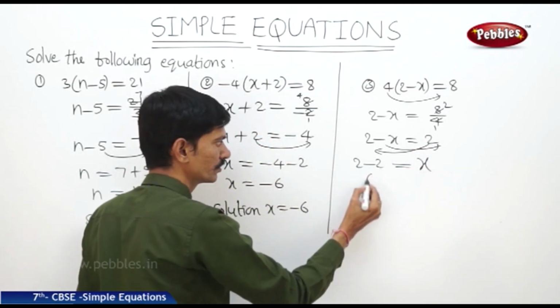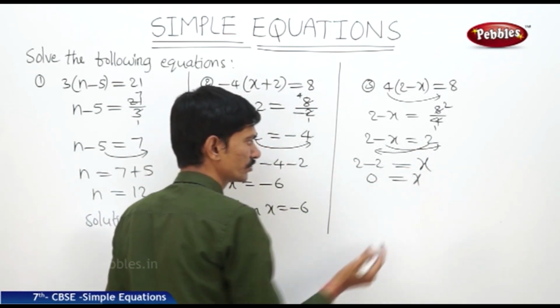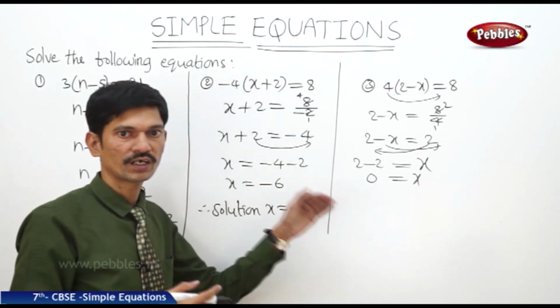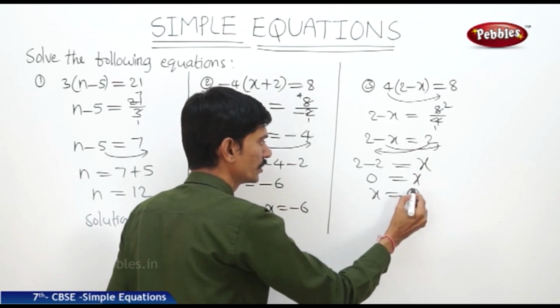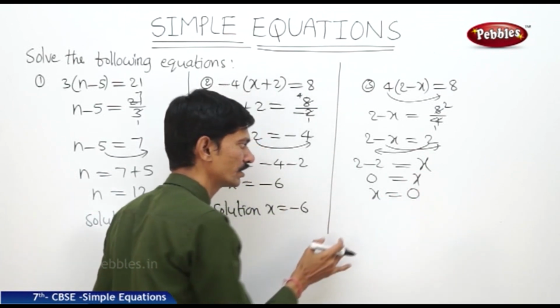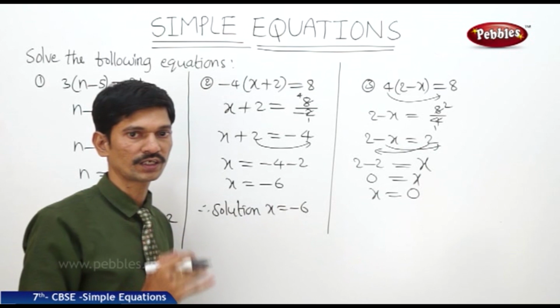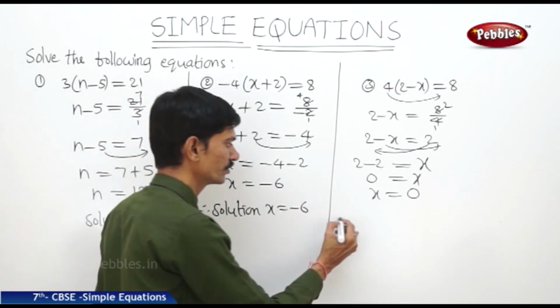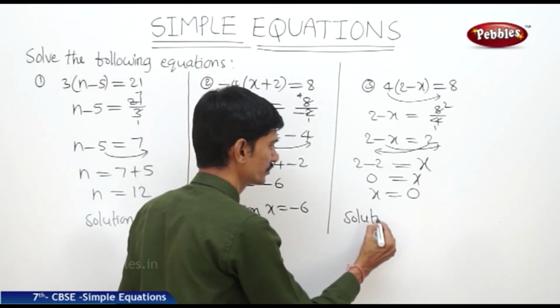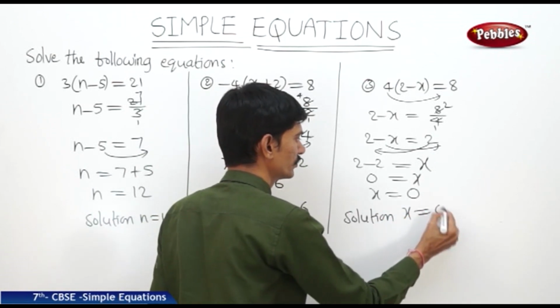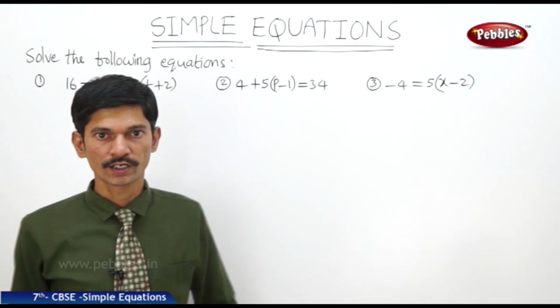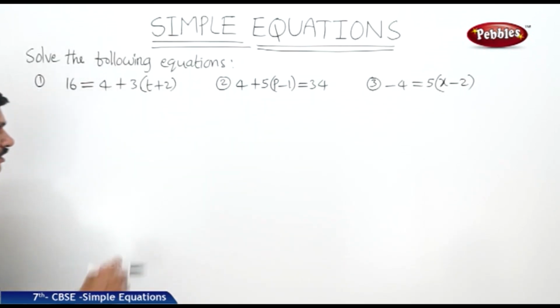Now 2 minus 2 is 0 equals x. If we interchange both LHS and RHS, we get x equals 0. There is no change in the equality sign when both LHS and RHS are interchanged. So therefore the solution of the equation is x equals 0.